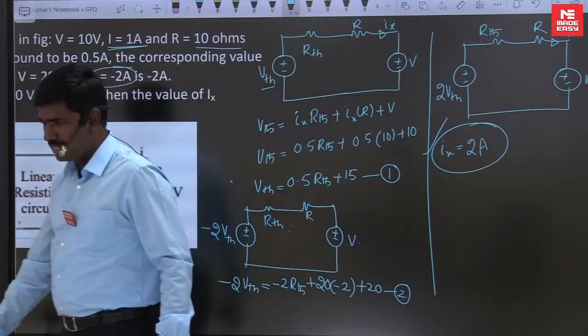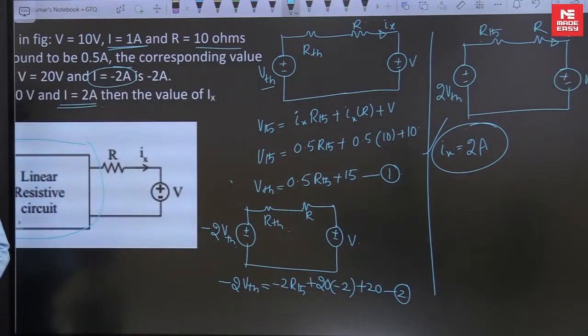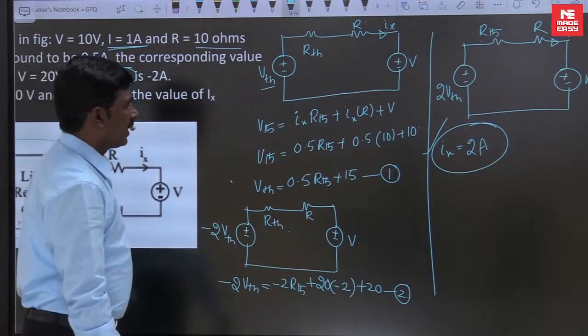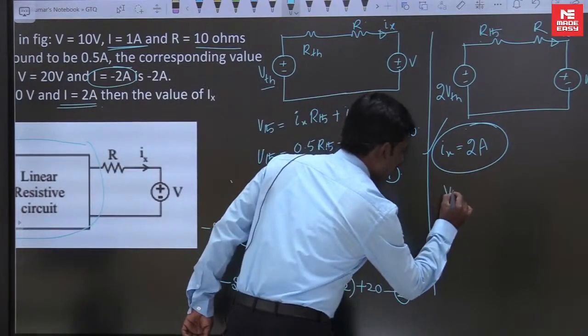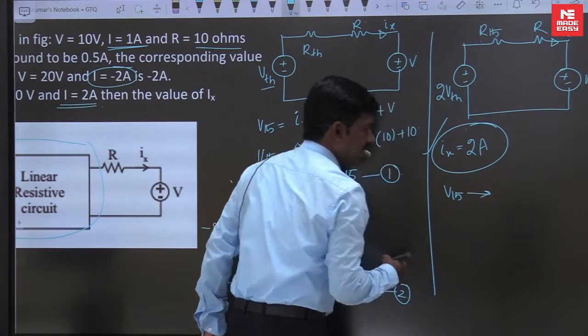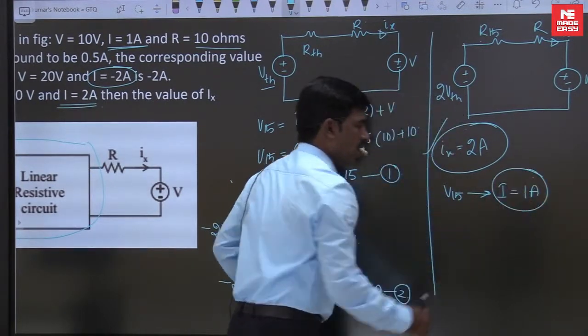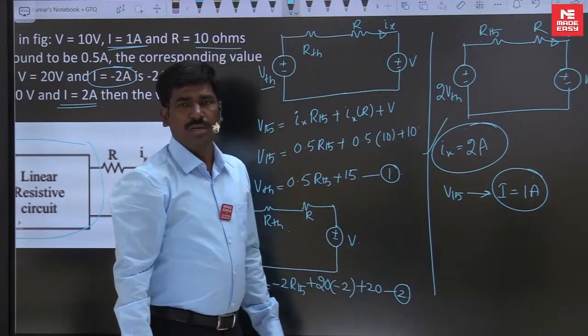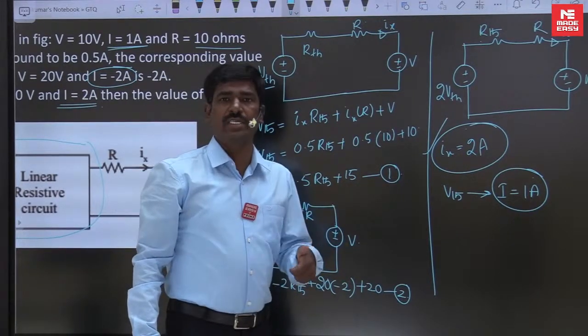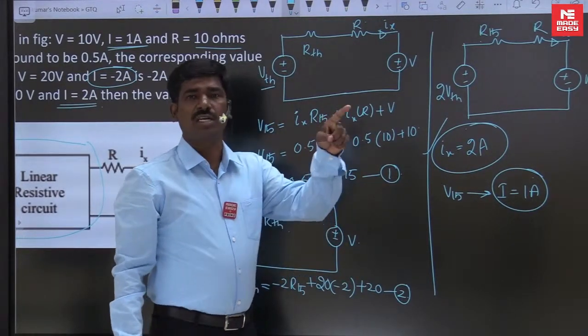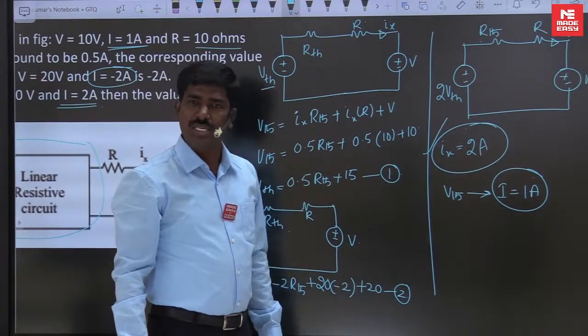How many of you get the same answer? How -2 VTH? Jyoti Sinha ji, VTH value is taken for I equal to 1 ampere. At 1 ampere the open circuit voltage is VTH. If you change the source current or source voltage, the corresponding open circuit voltage also changes.